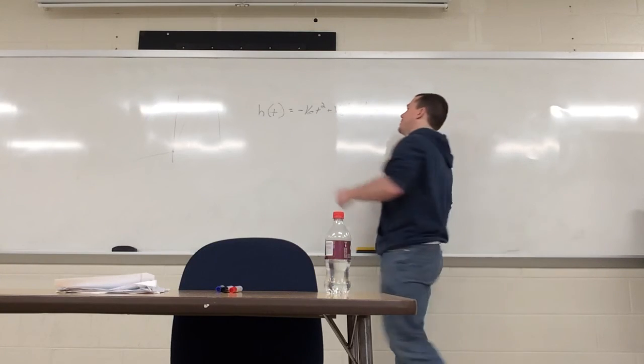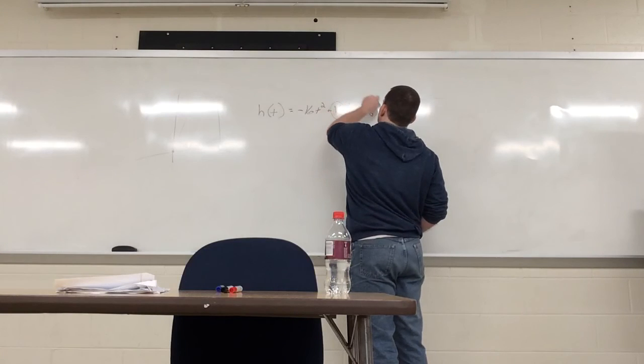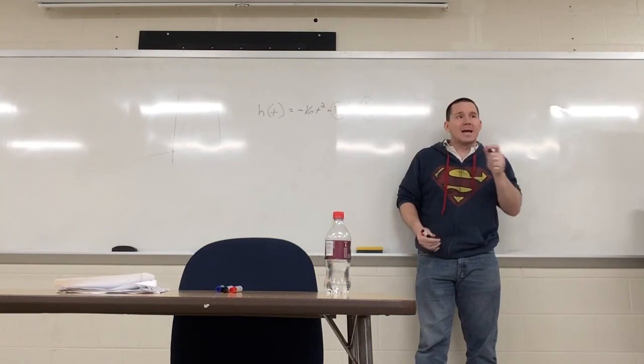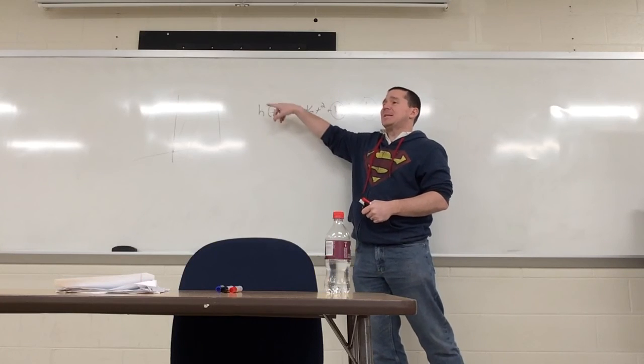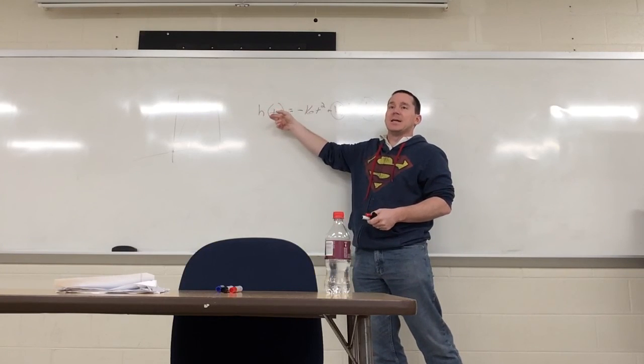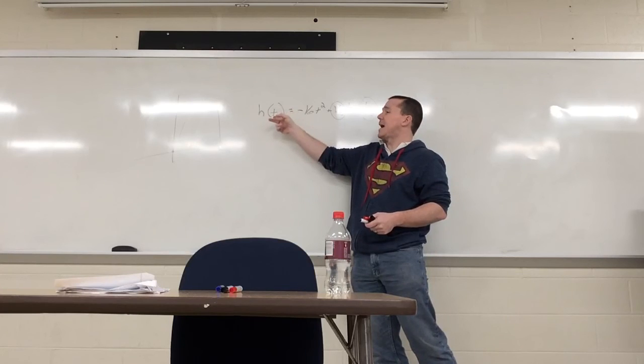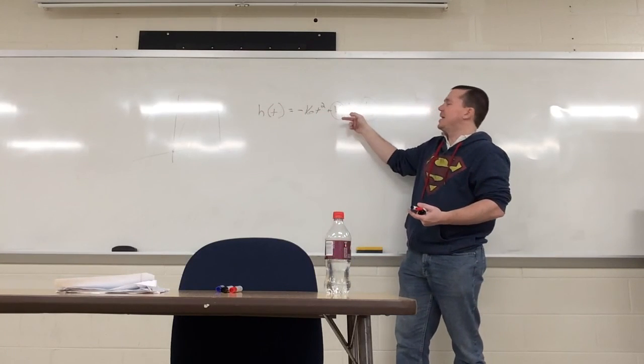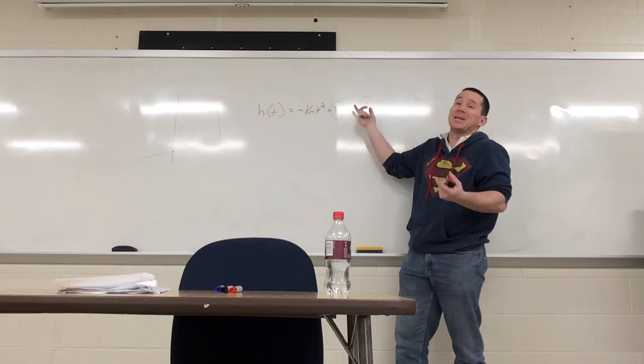First off, do people actually know what v sub 0 and h sub 0 mean? No? Okay. h of t means the height of an object at time t. So t is time, your variable, h is your function, your height at a given time. So these t's are just your time. Plug in a time, get a height.